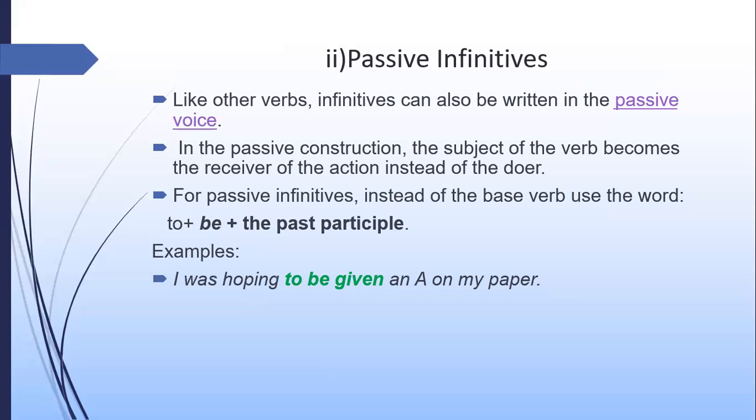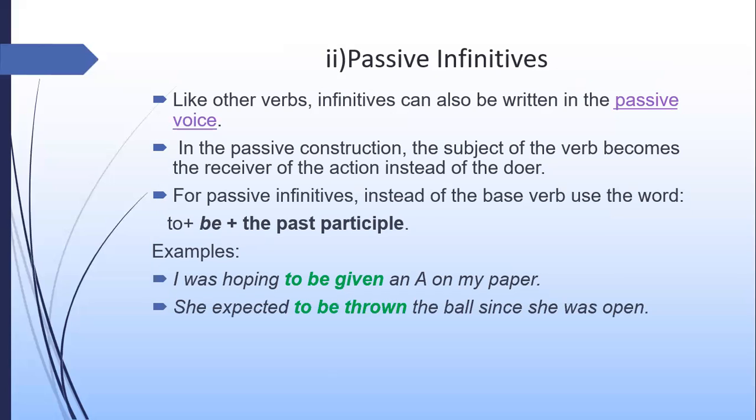I was hoping to be given an A on my paper. I was hoping to be plus past participle, the third form of the verb. So in this situation, it is called passive infinitive. She expected to be thrown the ball since she was open.